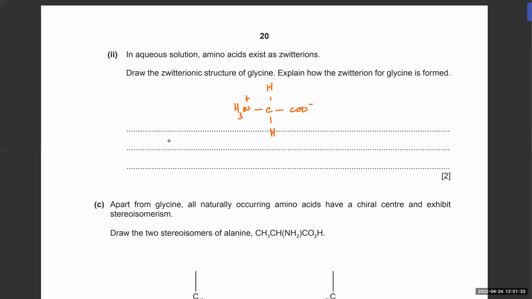The explanation will just be that the acid group ends up losing H+ ions. No, you don't need to mention the pH and isoelectric point here, because they're not asking for that. They're just asking how the Zwitterion is formed. We'll say that the carboxylic group loses an H and the amine group accepts it.